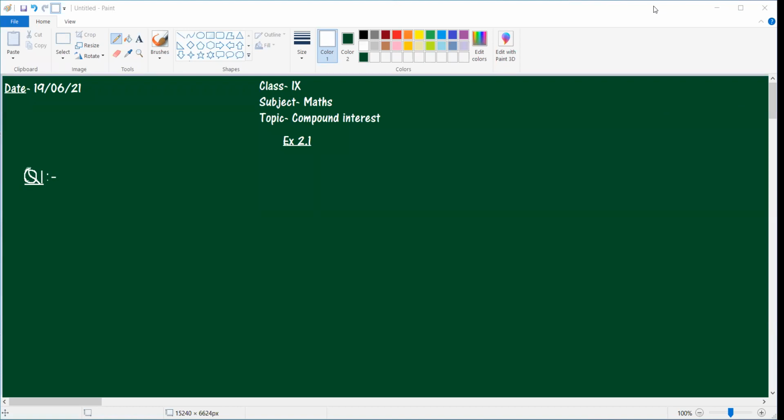Okay, let's start. So question number 1 says: find the amount and the compound interest on rupees 8,000 at 5% per annum for 2 years. First we have to note down whatever information is given properly.